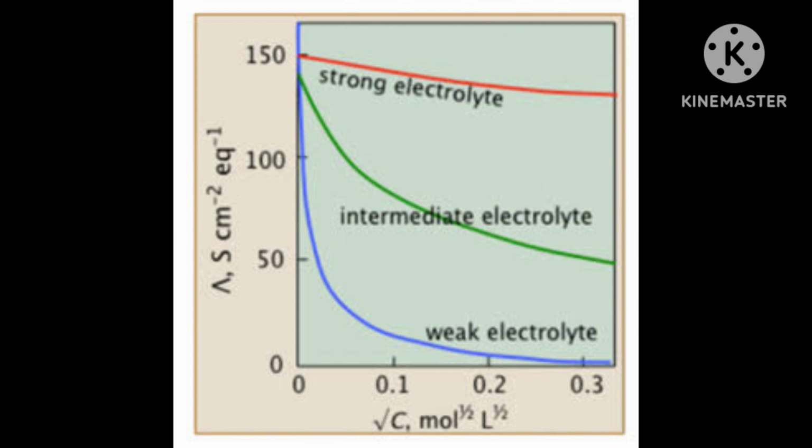Suppose 1 mole per liter solution was there. Now you have added water and made it 10 liter. Now 1 mole is present in 10 liter. Then concentration decreases. Correct?